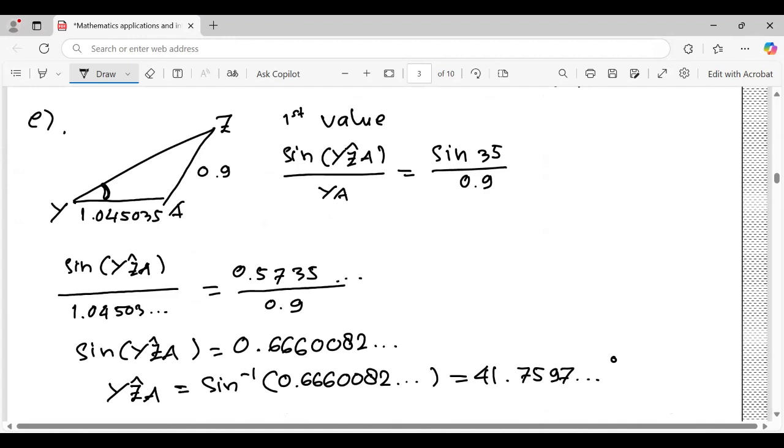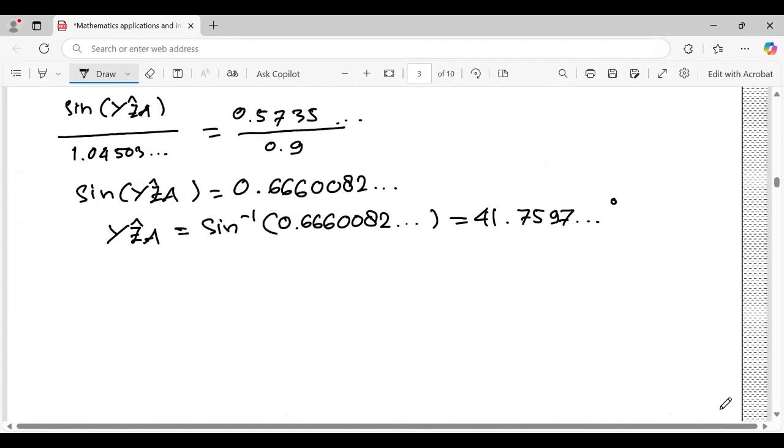Scroll down first. So we can calculate angle YAZ.